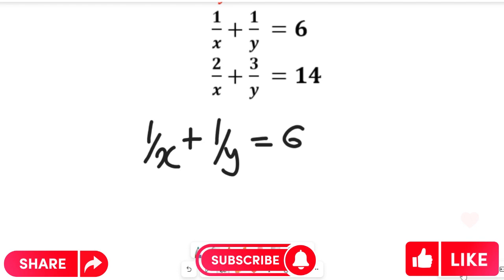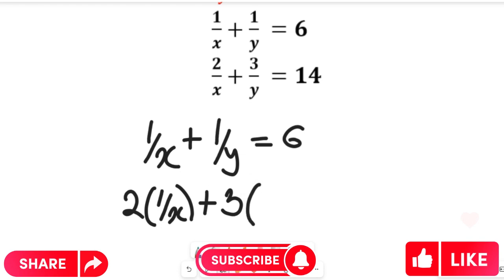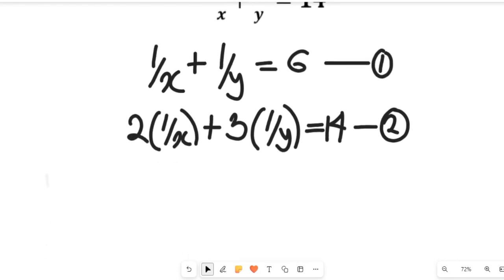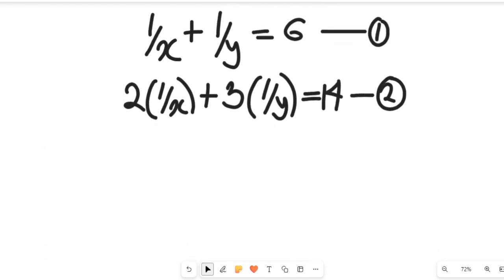And the second expression can give us 2 multiplied by 1 divided by x, right? Because if you multiply those two expressions, you still have what we have up there. Multiply by 3 multiplied by 1 divided by y, and this will be equal to 14. So we'll allow this to be equation 1, and this is going to be our equation 2. Remember, this is 14 and not 4. So that is the expression.